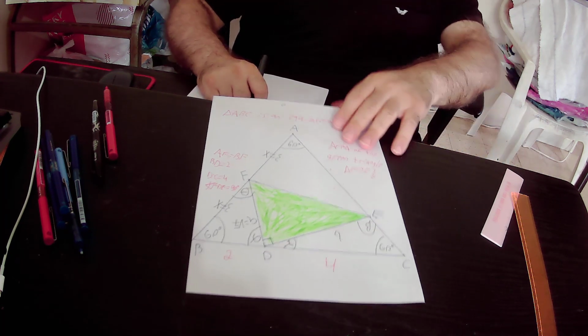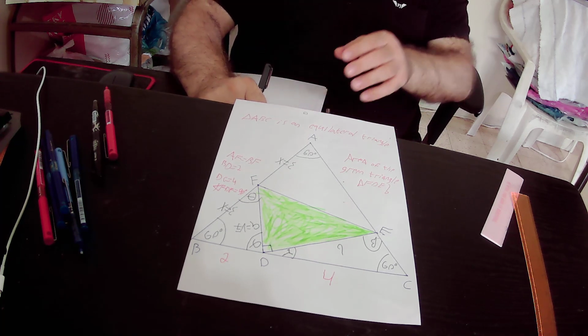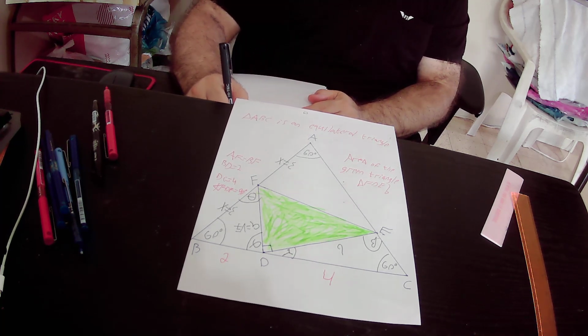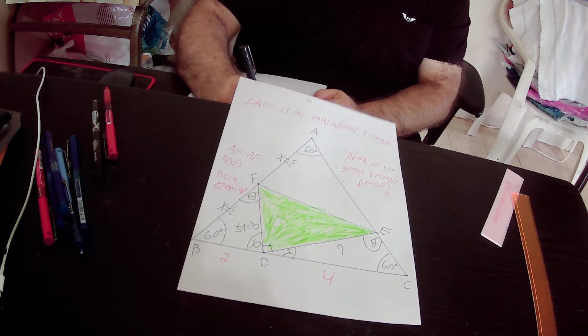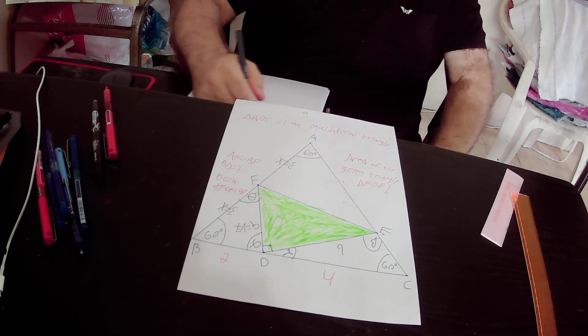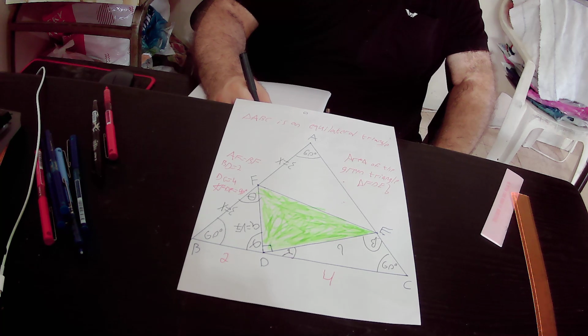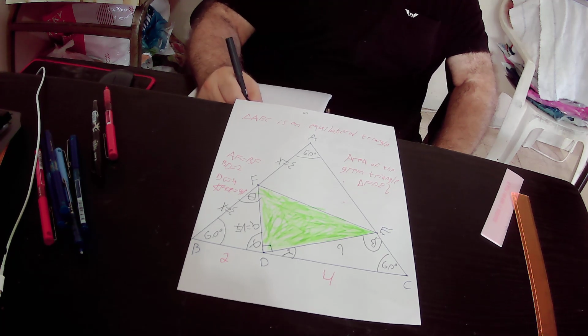In the next step we will build 4 equations from this drawing. The first equation will be on triangle FBD.